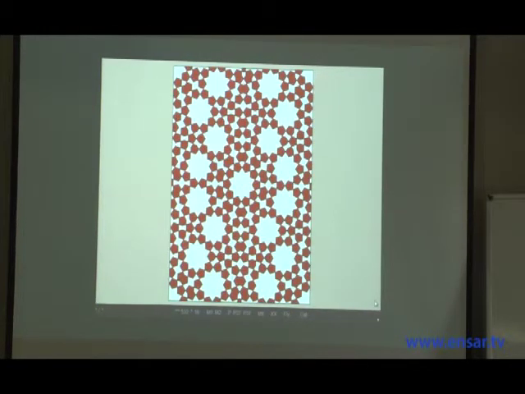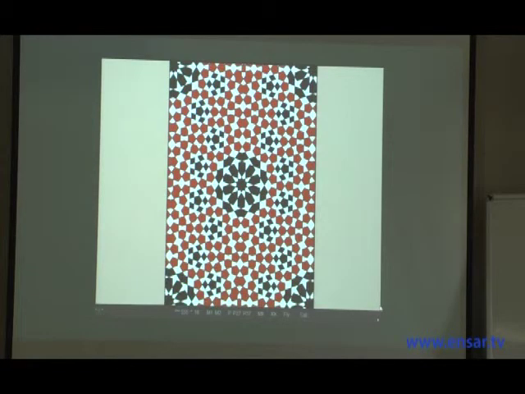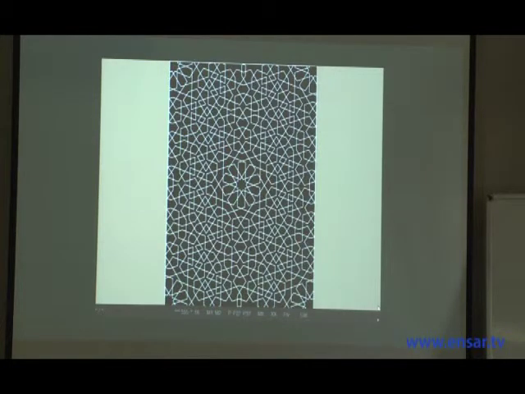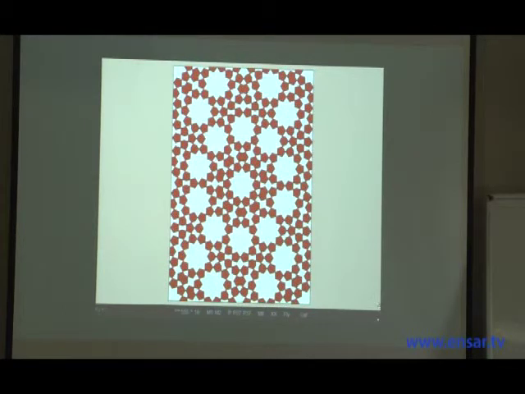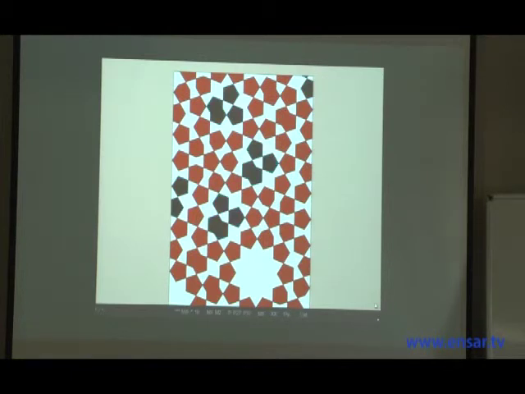Now I can start playing with the decoration. And why not put here a tenfold star, same here. And you can remember the Karatai pattern. This is the Karatai pattern. Now, the funny thing is that if I take just that part, and start playing with decoration, why not that?